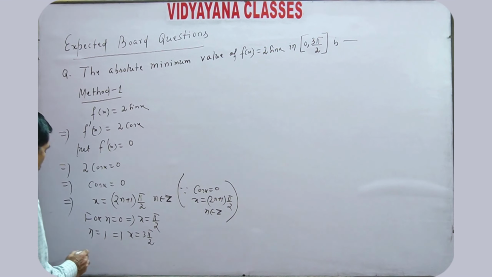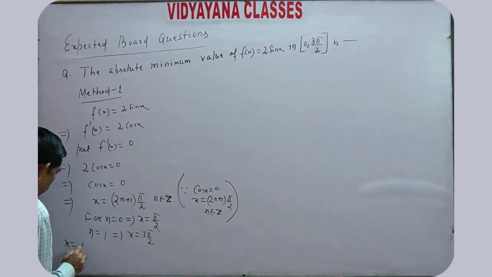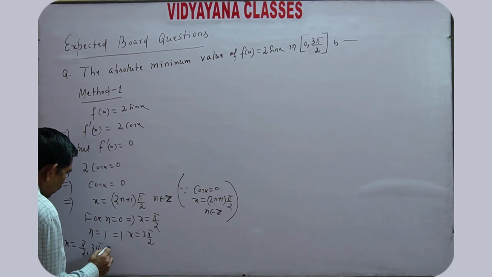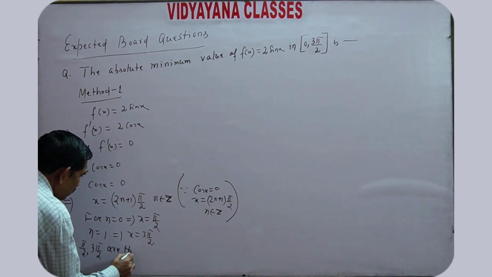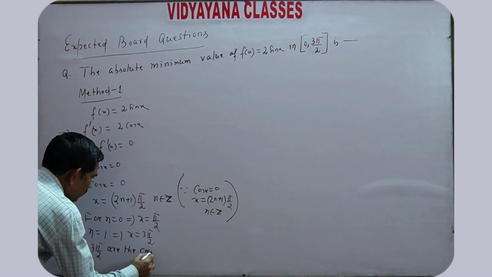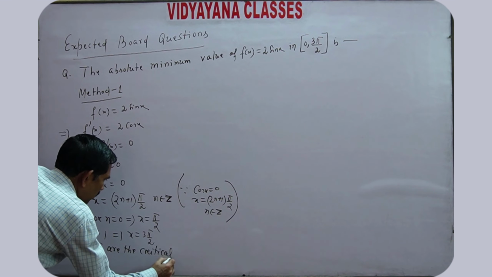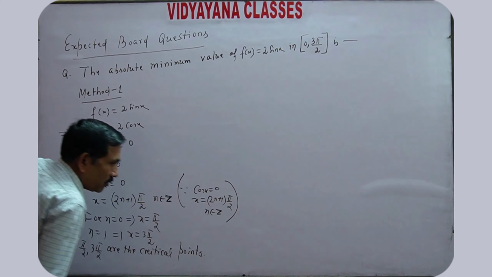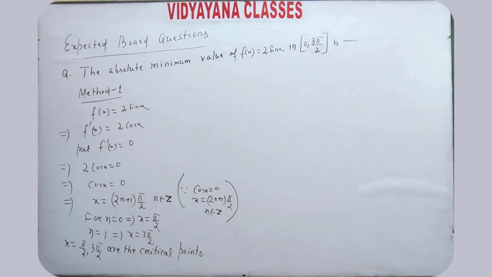Clear? x equal to pi by 2 and 3 pi by 2 are the critical points or stationary points or extreme points. Clear?